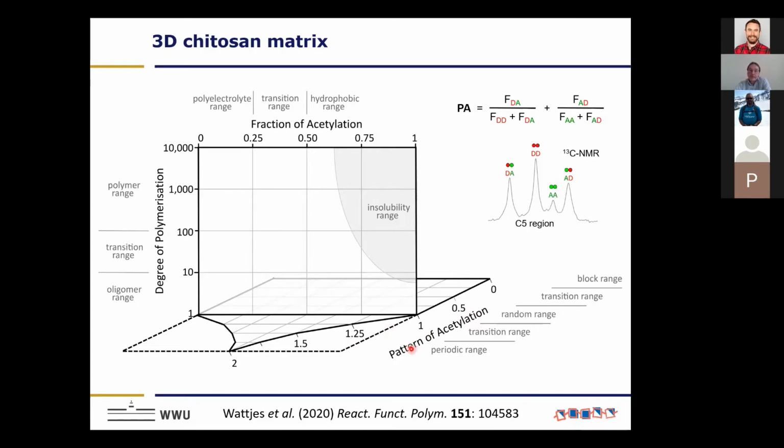And we can determine the pattern of acetylation, for instance, using 13C NMR, where we can also calculate a number, the PA number, which we can indicate here. PA 1 would indicate a random or possibly random distribution. If the PA value is below 1, it tends to be a blockwise distribution, and above 1, it tends to be a more regular distribution.